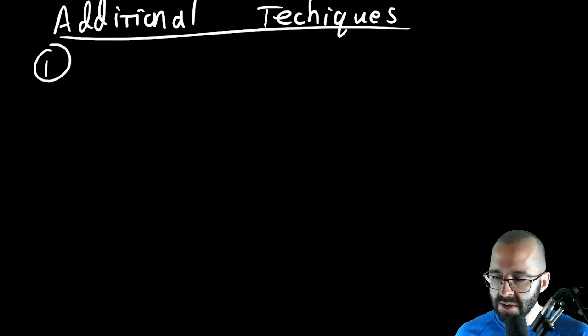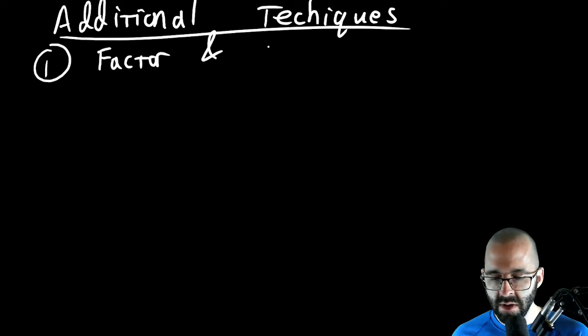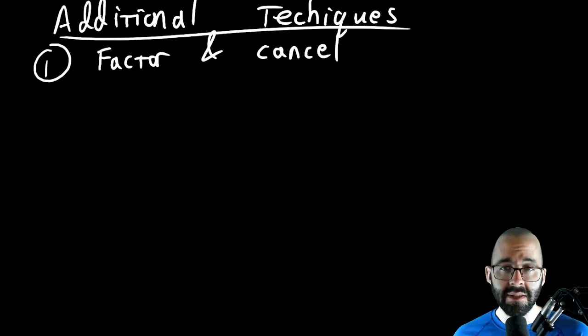So let's summarize this video with some techniques. We talked about 2 techniques in this video. The first technique we used was to factor and cancel. We actually did that in both of these examples in this video. So this is something to be looking for.